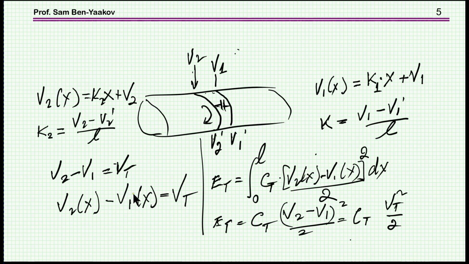So then you can say that the voltage is this difference, and the energy stored here is the total capacitance in between the two turns, CT times the voltage difference between the two turns squared over 2. So this will be the energy stored in between these two turns.